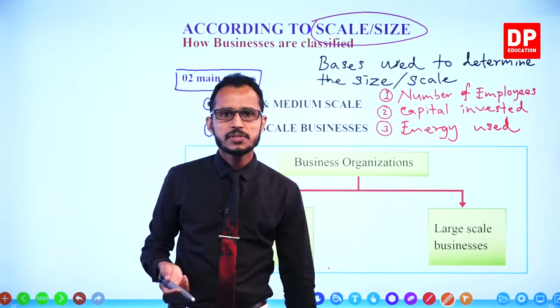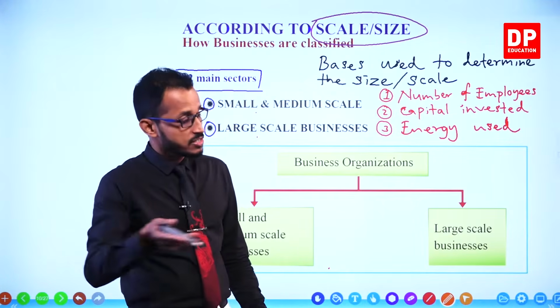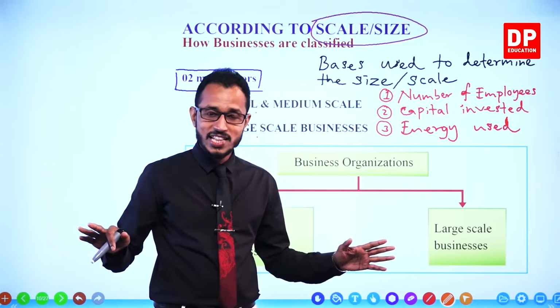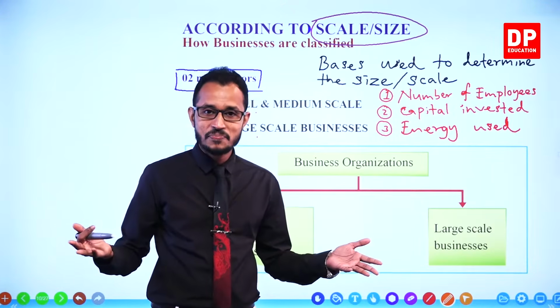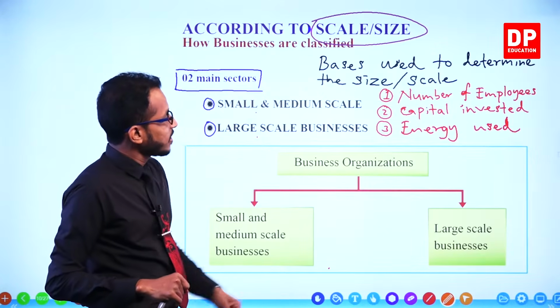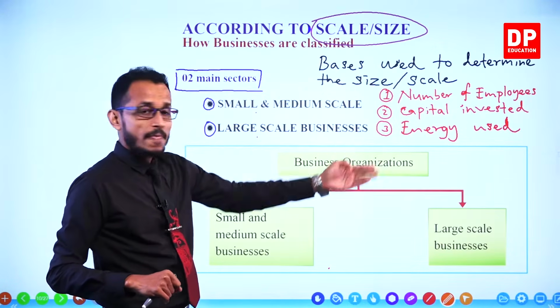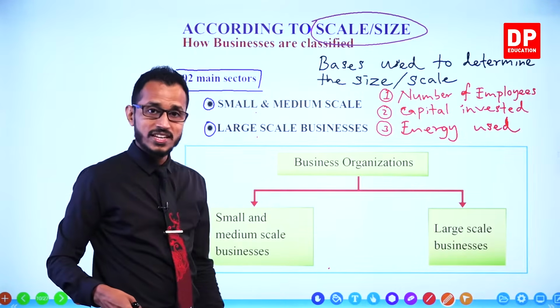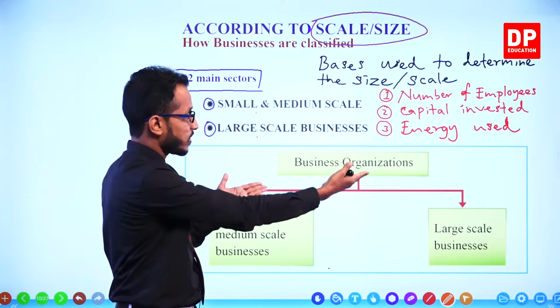Maybe that's a large scale business. If it is Siripala's king coconut business, no electricity is used. Very little energy is used. So you can consider that. These are the criteria, children. We are going to come across more criteria when we go to the next screen.